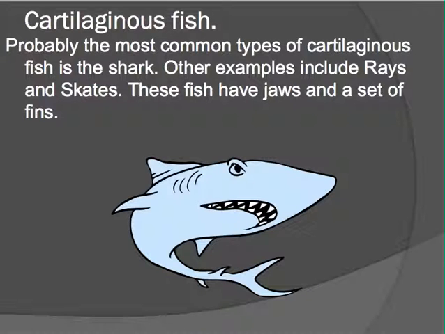cartilaginous fish. Probably the most common type of cartilaginous fish is the shark. Other examples include rays and skates. These fish have jaws and a set of fins. They also have very sharp teeth, kind of like your canines, only serrated and made for chomping.